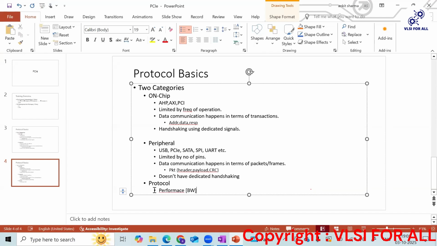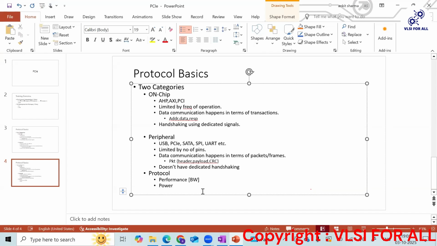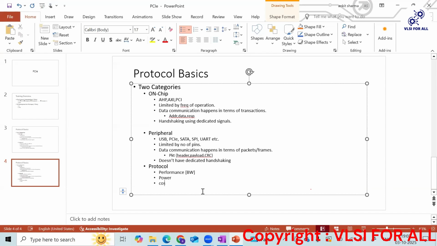If you are asking for high performance, you can find out which protocol is best suited to you. Then it could be power, pins, size, or cost. These are the parameters based on which you can find out which is suitable to you.